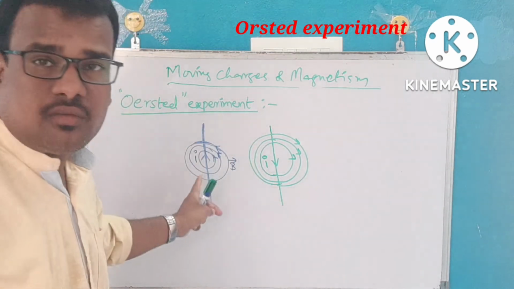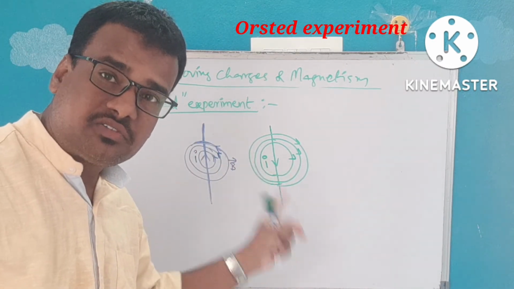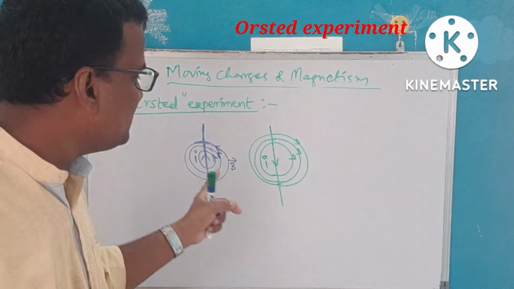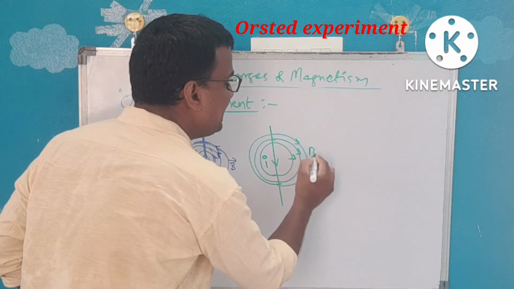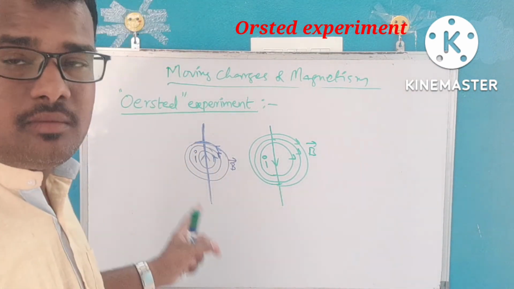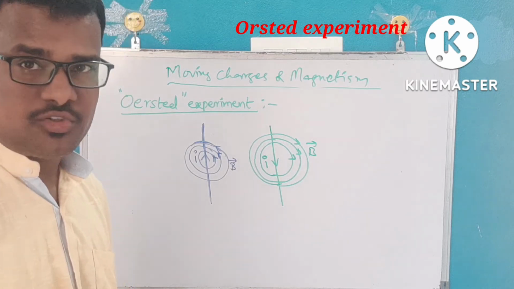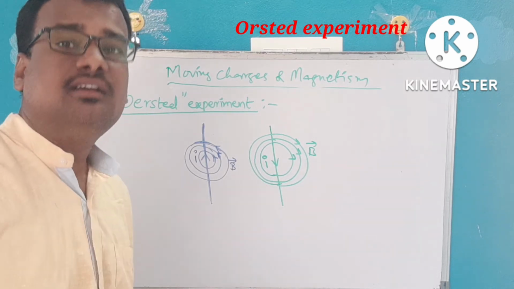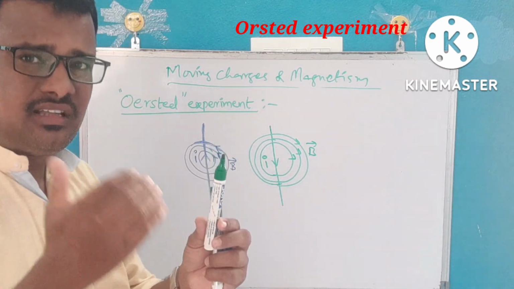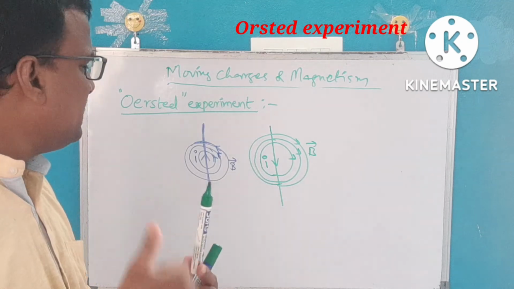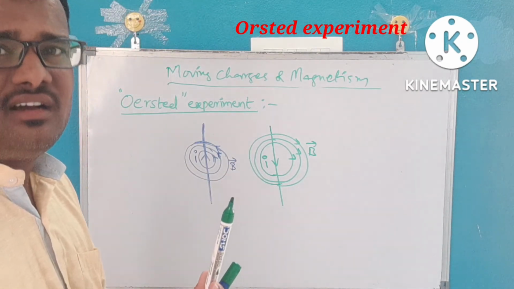So we can observe that if the current direction is reversed, then the magnetic field direction is also reversed. The current and magnetic field directions can be shown by the right hand thumb rule: how we place the thumb, how we place the fingers, and how we identify the directions.